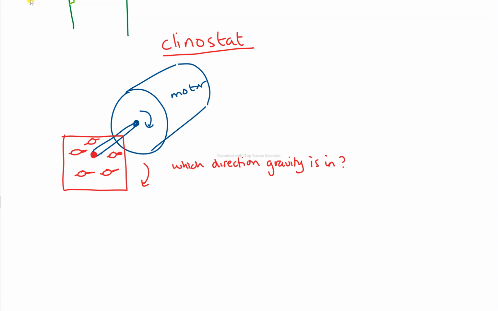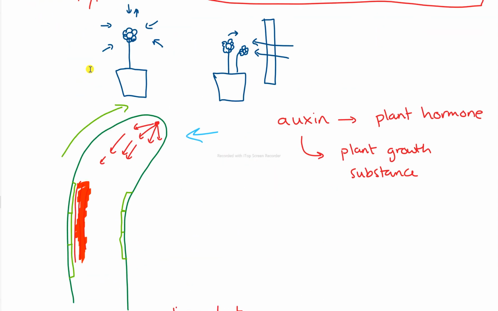And you'll end up with the roots and the shoots growing horizontally because it doesn't know which way to go. And that's a little machine that you can test that on, but it's not really a requirement. I think that's it for now. That's all you need to know.